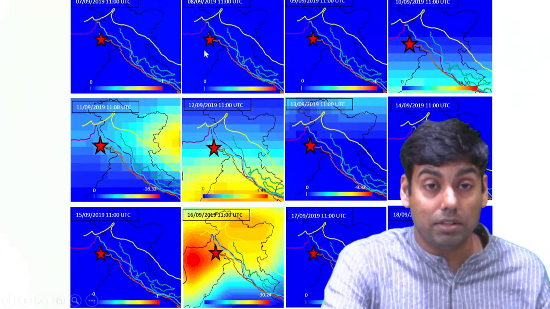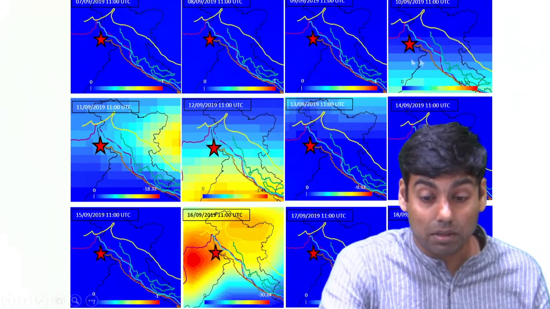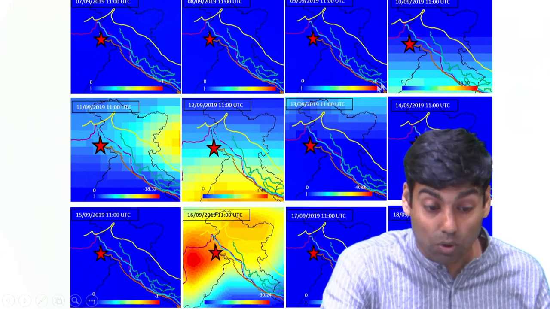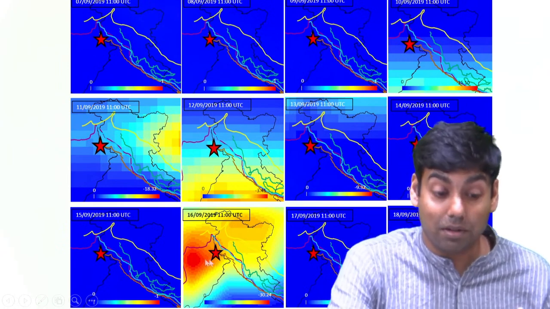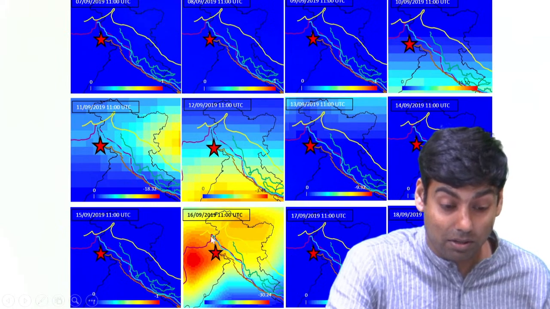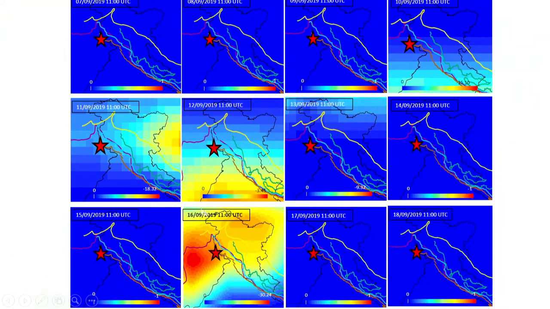And this is the GIM data, global ionospheric map data. Here you can see it has also recorded this negative anomaly, on 16th September 2019, for this Mirpur earthquake. As this earthquake was very catastrophic, you can see a very typical negative anomaly also detected in the GIM data.